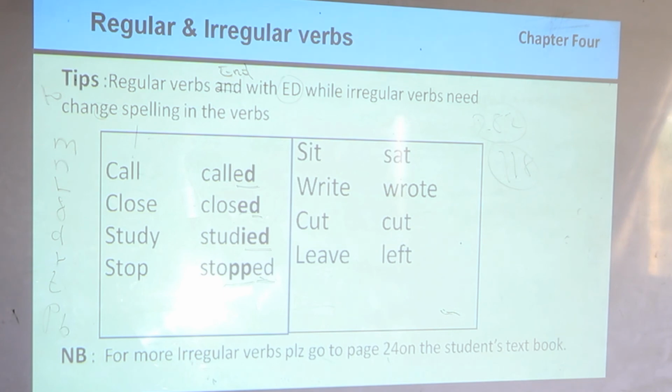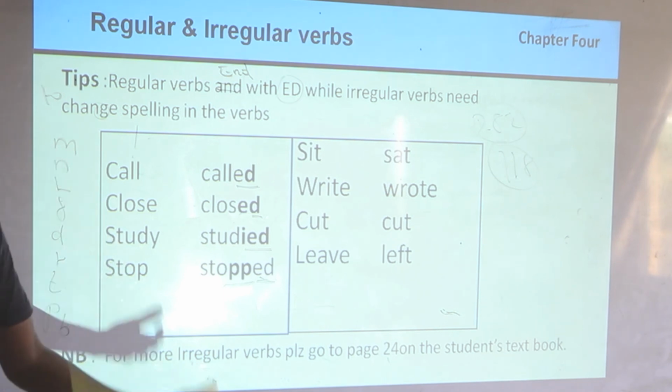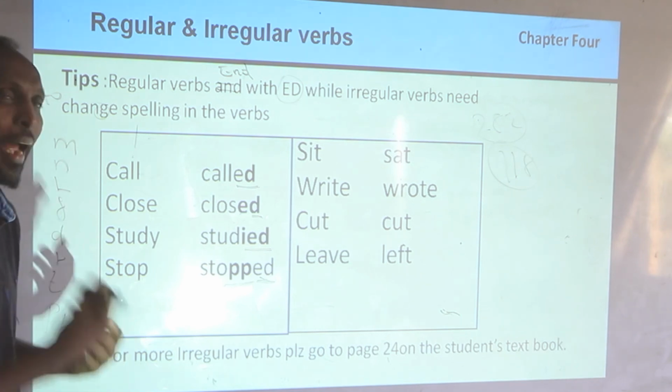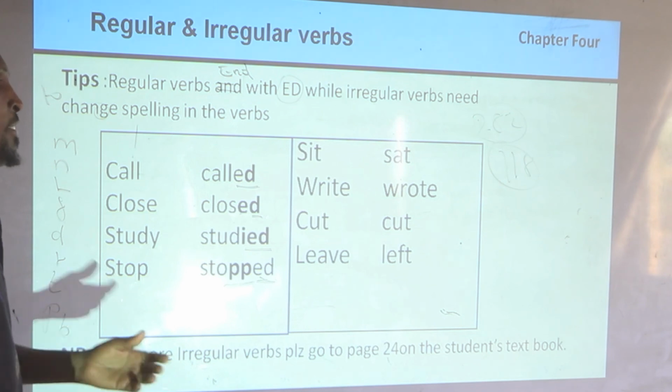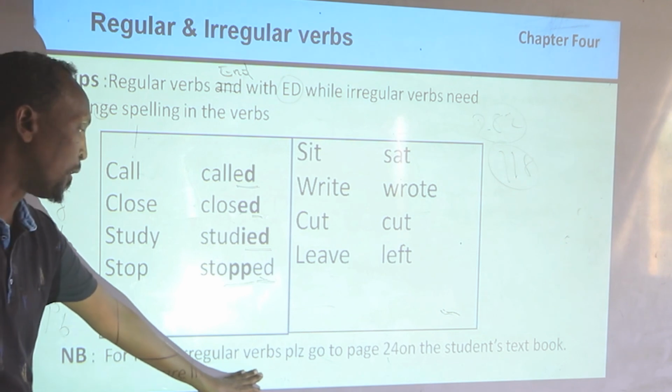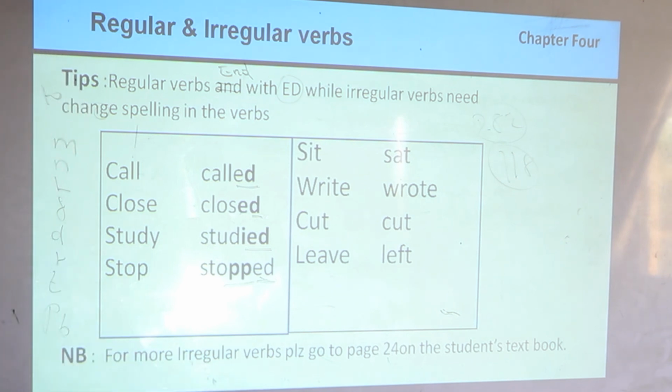So these irregular verbs, learn them one by one. Okay? You'll master them by practicing. Like sit becomes sat, write becomes wrote, and cut becomes cut, leave becomes left. So for more irregular verbs, please go to page 24 on the students' textbook.